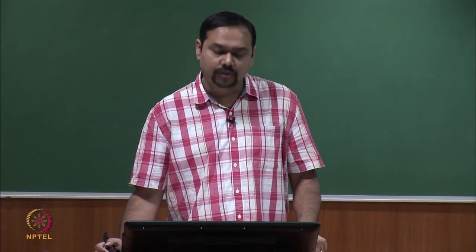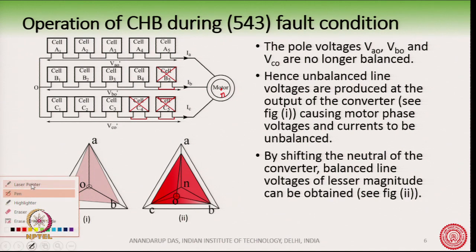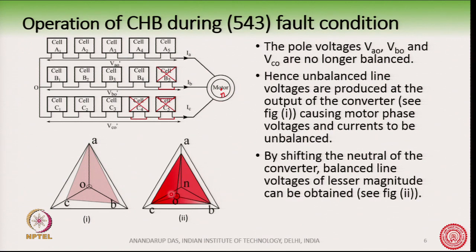Secondly, we also note that there is a potential difference now coming up between the point N and O. The point O is here and point N is the neutral point of the load or the motor. Between these points N and O, we will now see a potential difference coming up, and that is shown in the phasor diagram here, VNO.